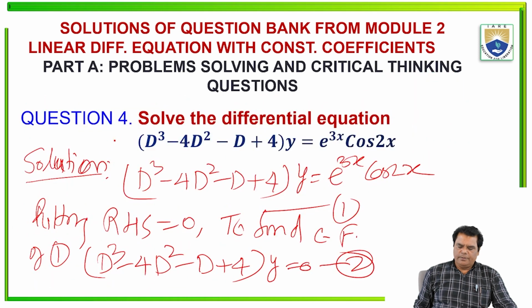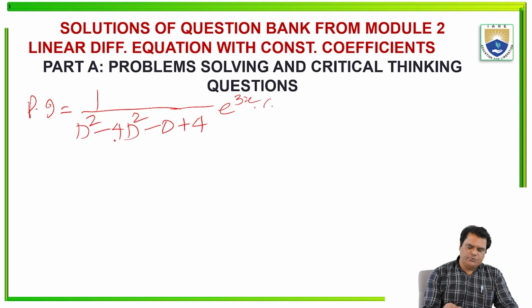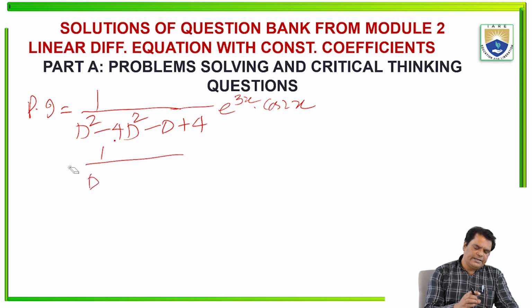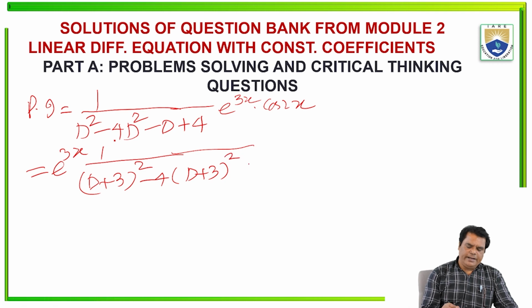Q is e^(3x) into cos 2x. So taking the exponential function to the left-hand side, 1 upon D, e^(3x). Now (D+3)² − 4(D+3)² and minus (D+3) plus 4.